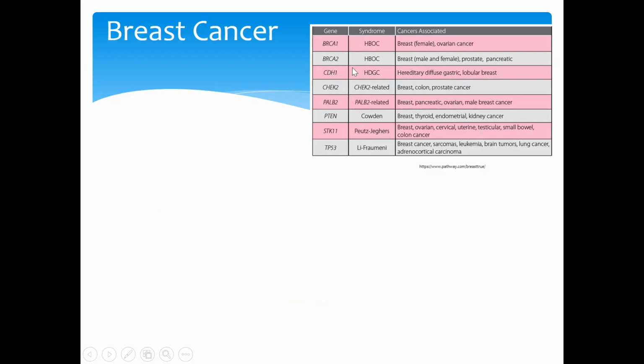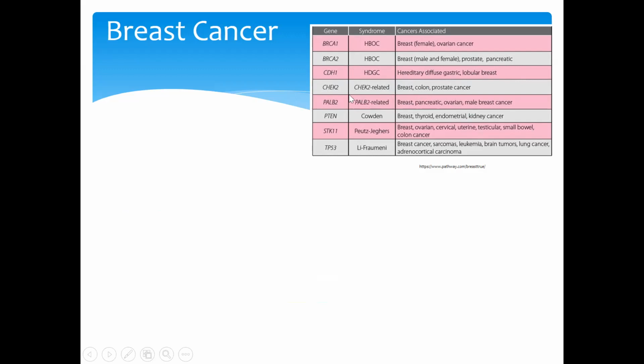The CDH1, this one is the lobular cancer. I actually have a sister-in-law who has this type of breast cancer. She was diagnosed when she was stage 4. She has now hit her 5-year remission mark. Again, looking at CHEK2, it can be associated with breast cancer, colon cancer, and prostate cancer.